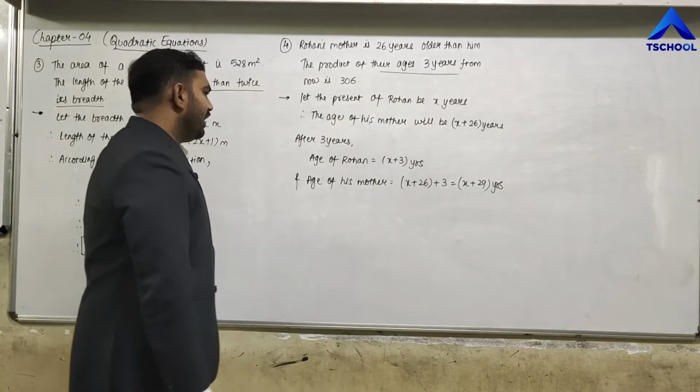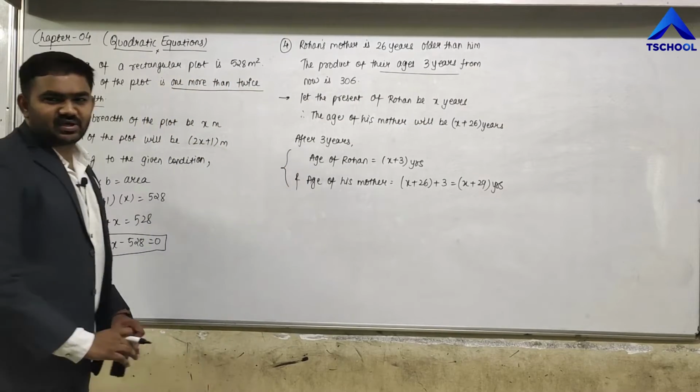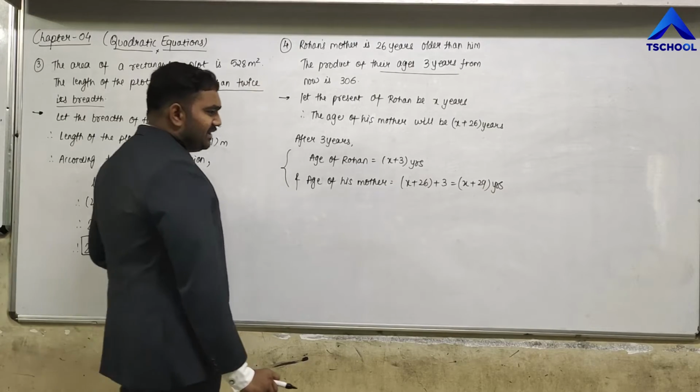So after 3 years Rohan's age and his mother's age are x plus 3 and x plus 29 years respectively.